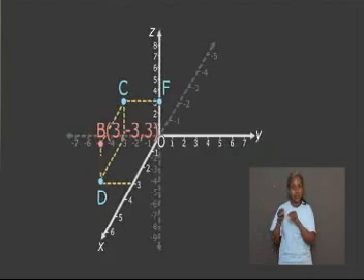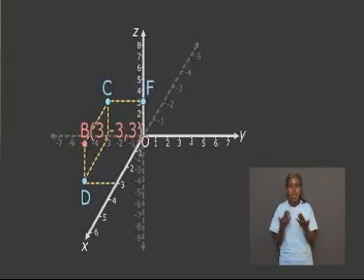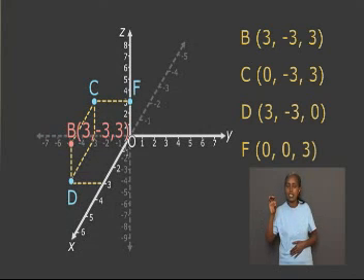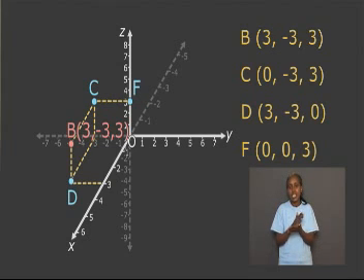Students, notice how the coordinates of point C, point D, and point F relate to point B. They all share at least one axis with the destination point. Taken together, they plot most of the corners of a cube.